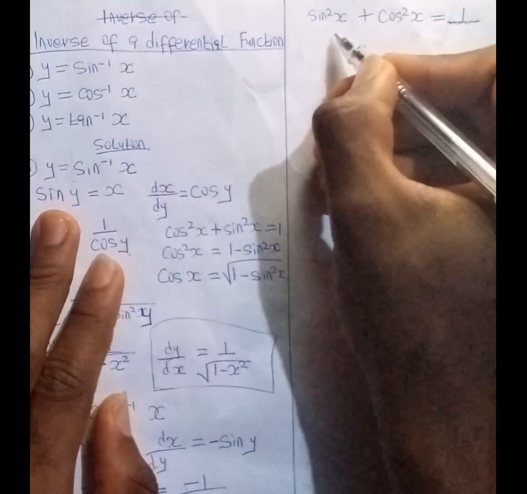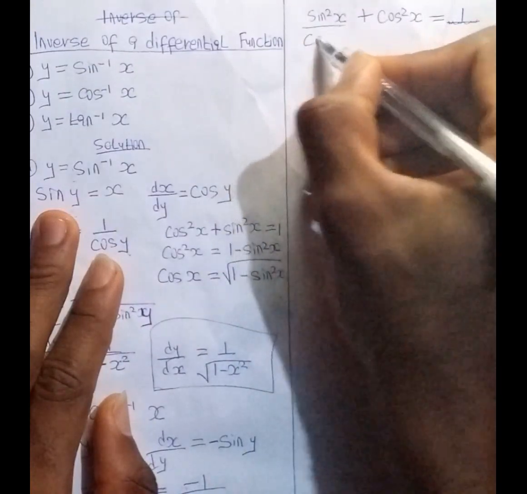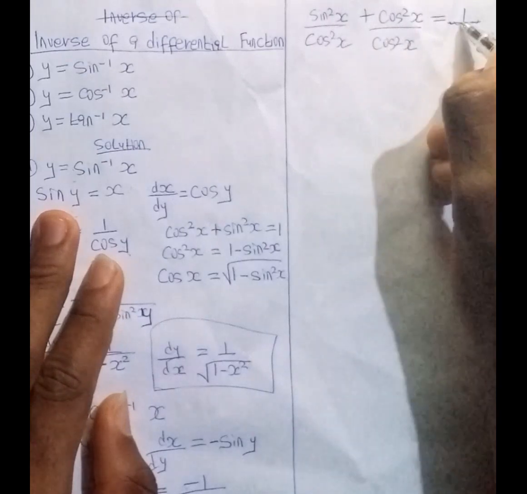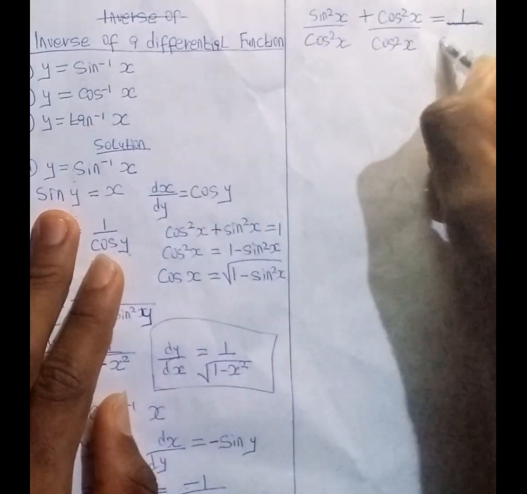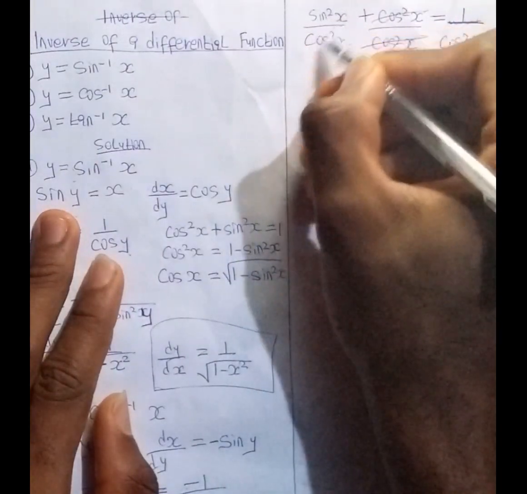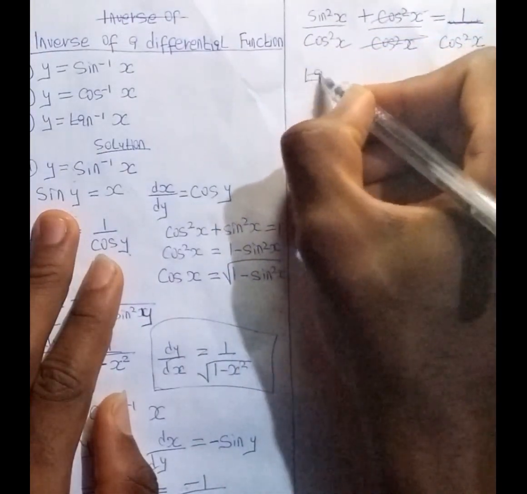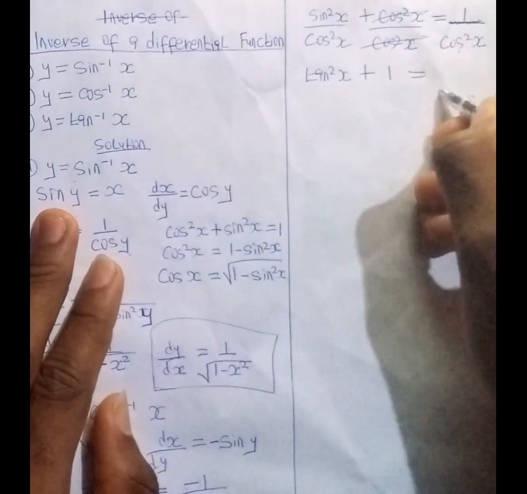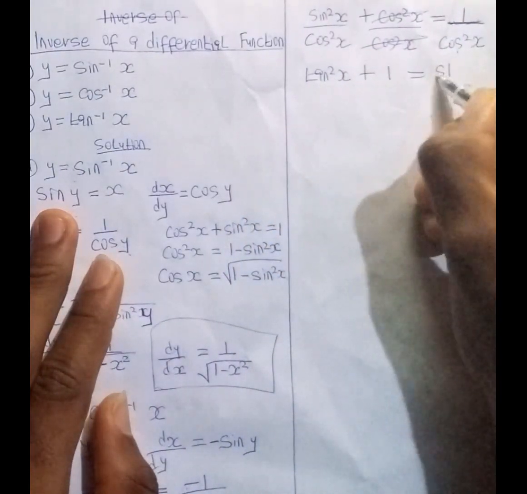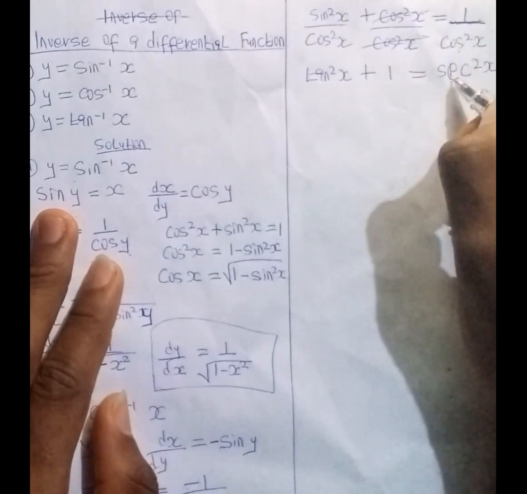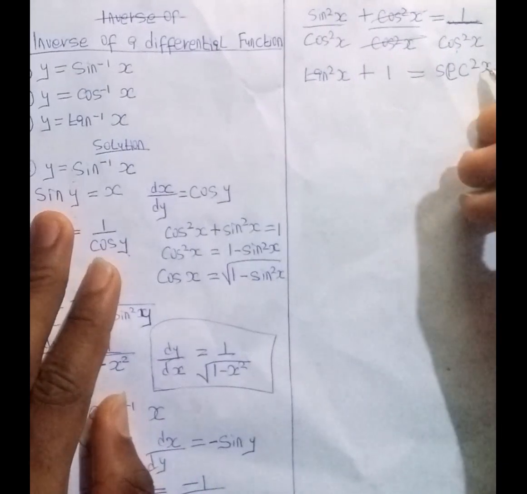Then dividing all by cos squared x, we get tan squared x plus 1 equals sec squared x.